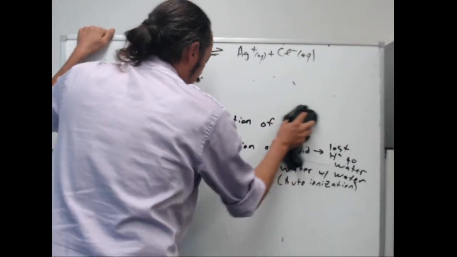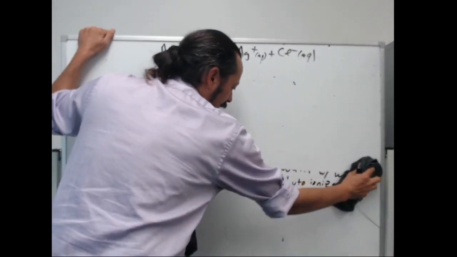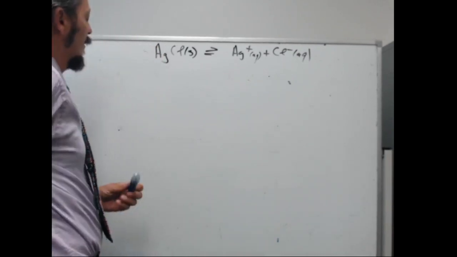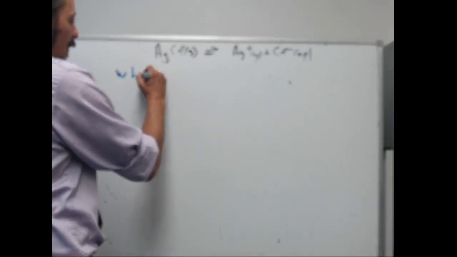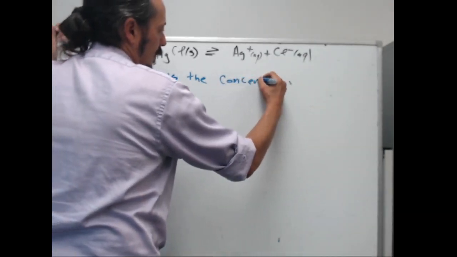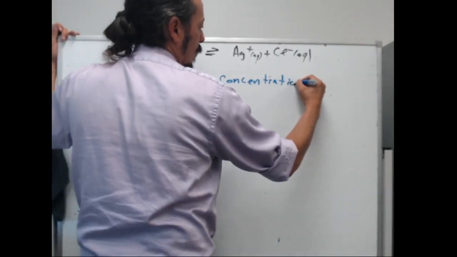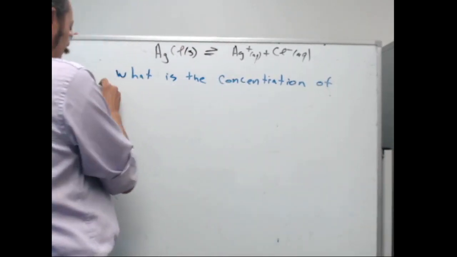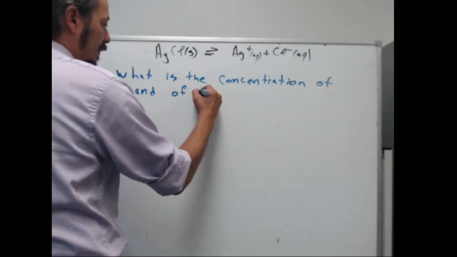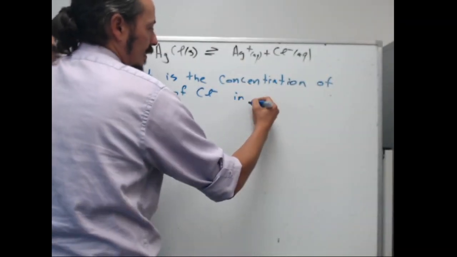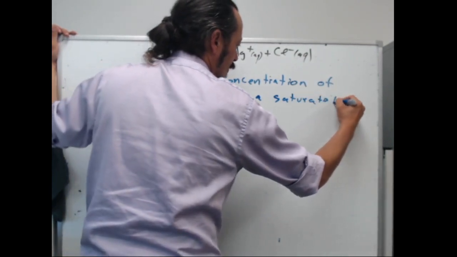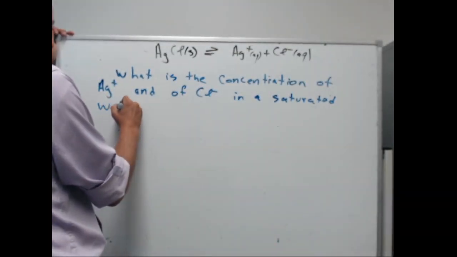So we're going to look at the particular question of what is the concentration of Ag plus and of Cl minus in a saturated water solution.